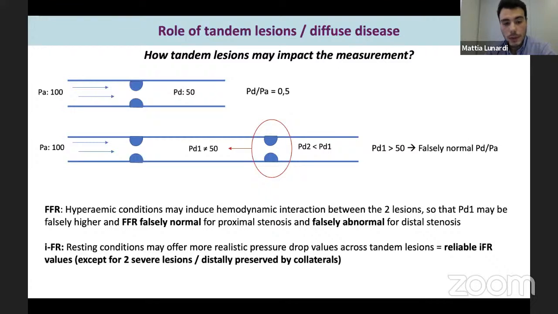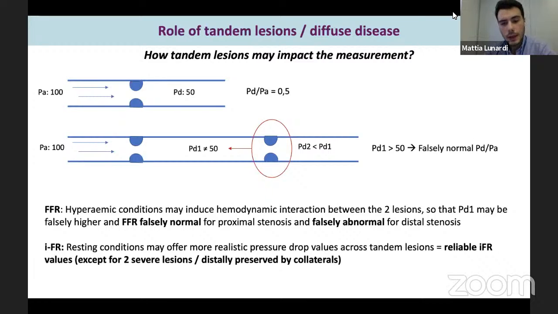So it was also postulated that for iFR this is not the same story, because the resting condition may offer a more realistic pressure drop across the two tandem lesions. So iFR could be more reliable than FFR in this case.